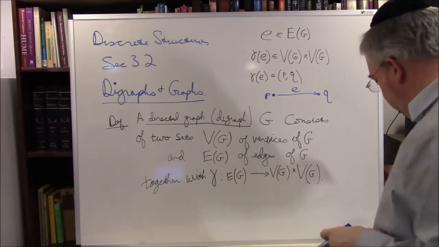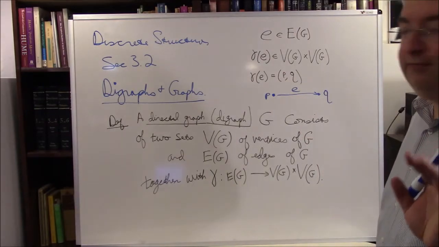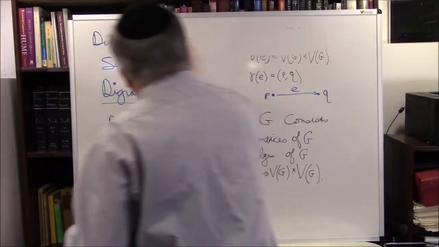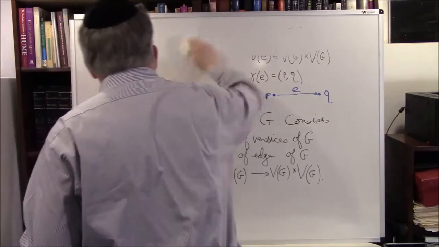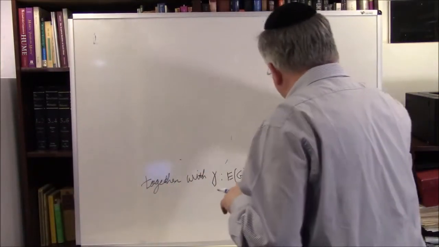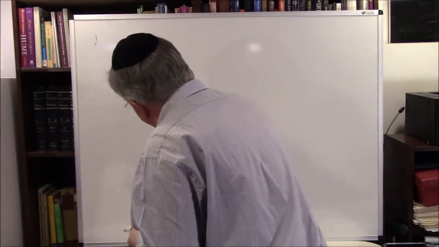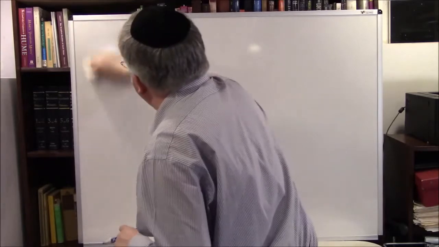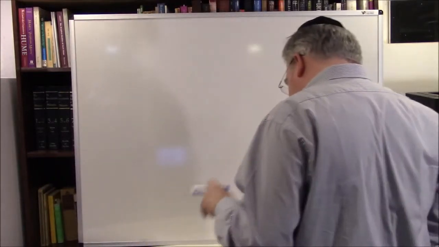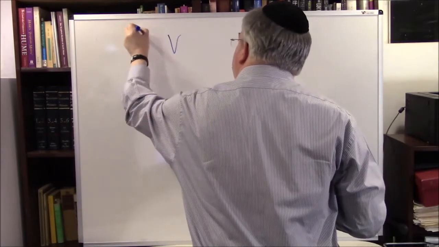I'd like to show you why this is the right definition by giving you an example of a graph. Okay, so I'm going to give you an example of a graph given as such, and then you're going to draw the graph. Okay, and you're going to see what I mean in a second. So here's an example of a graph.